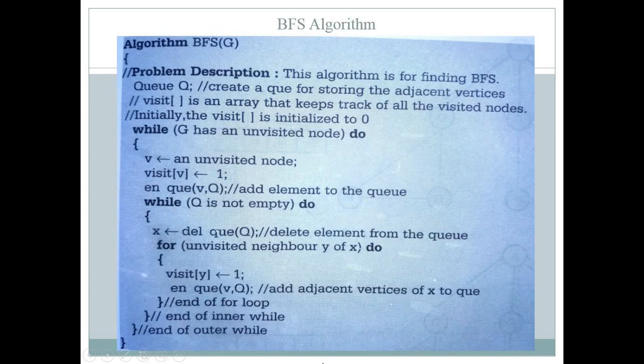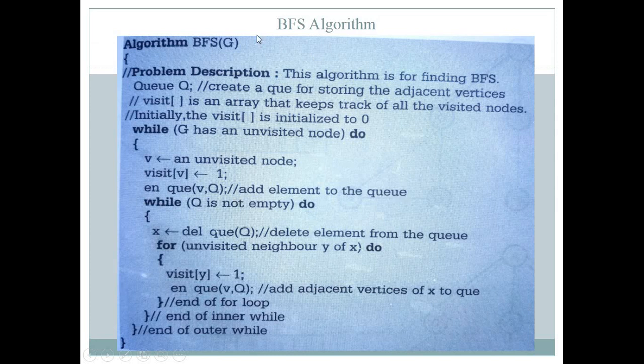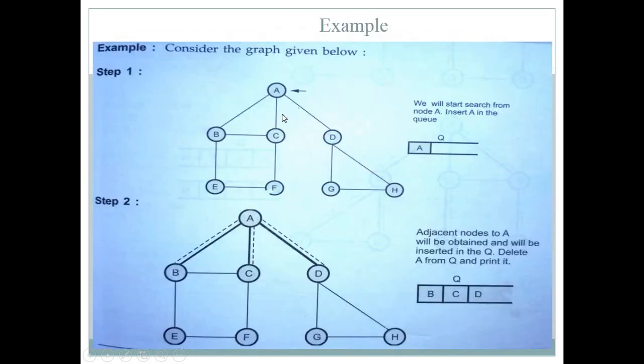This is the example of BFS. This example we will understand, and after it we can know what the BFS algorithm is. So let's start with this example. Here in this example we have a graph with A, B, C, D, E, F, G and H vertices.